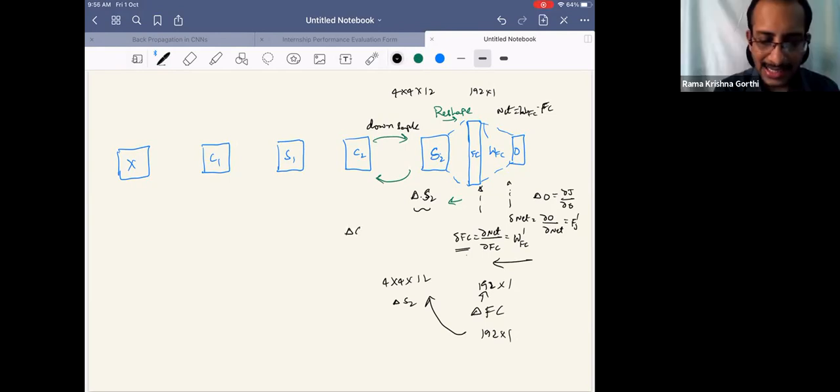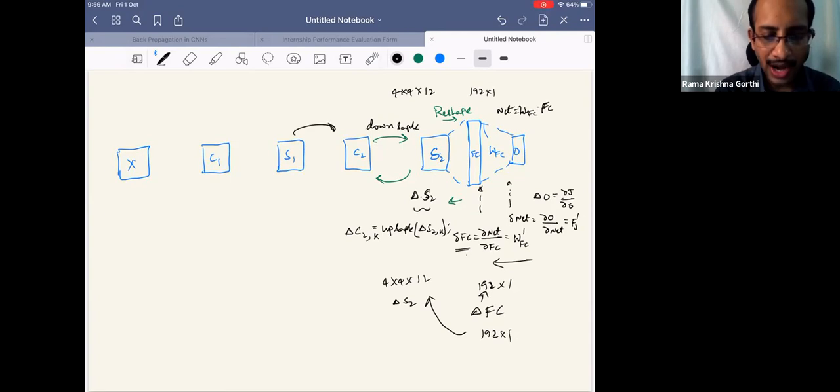So I want delta C2 of particular map from delta S2 now of particular map. Previously it was reverse. What should I do now? Upsample, that's all. Okay, previously I did down sampling, now I do upsampling. If I have done pooling, I will do unpooling. Okay, that's all. We'll see how exactly we do in the next class.